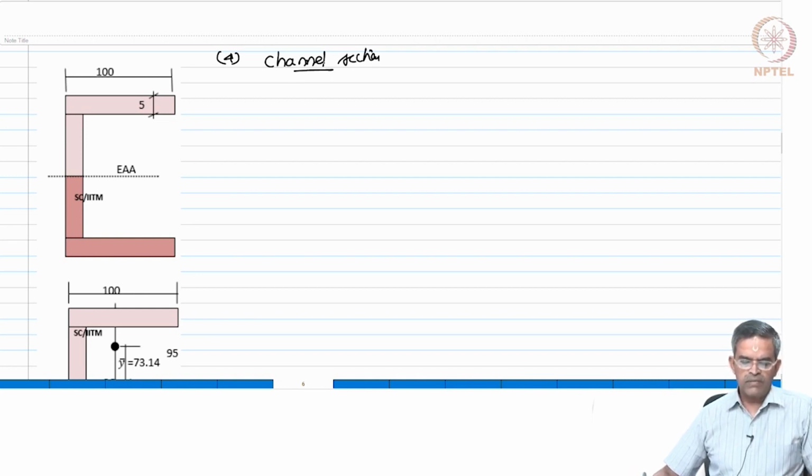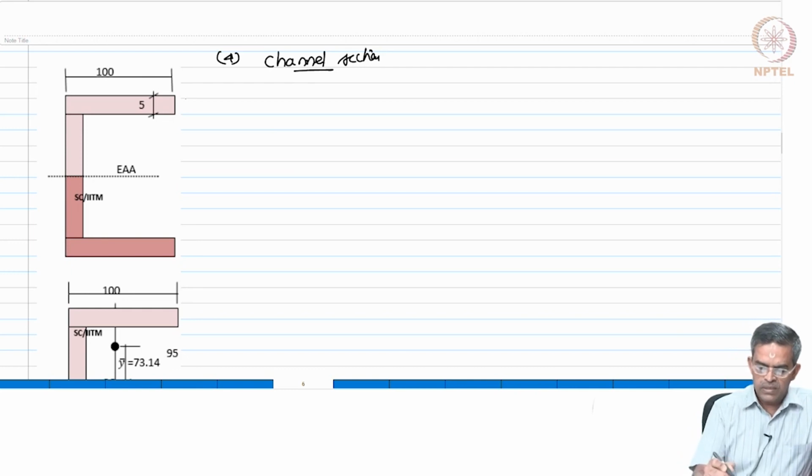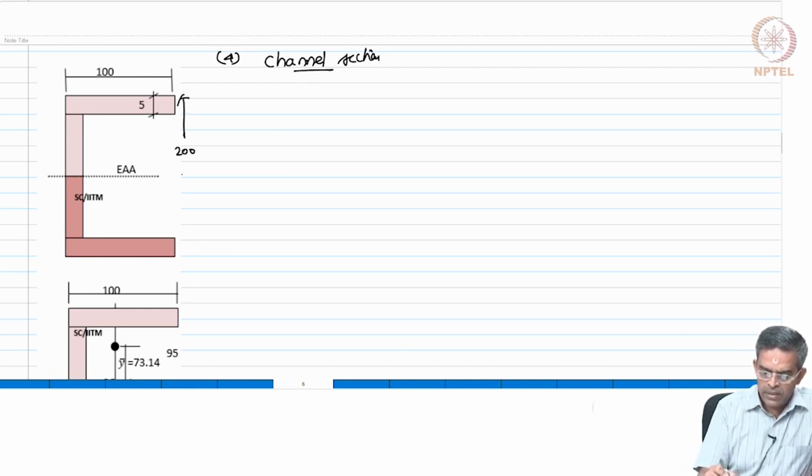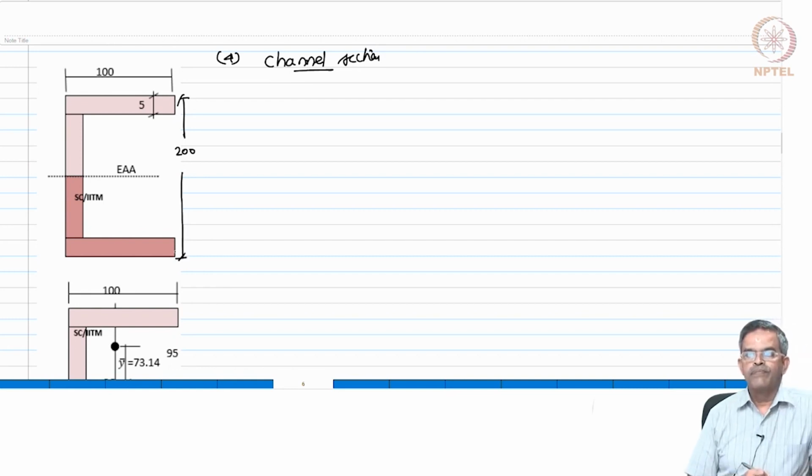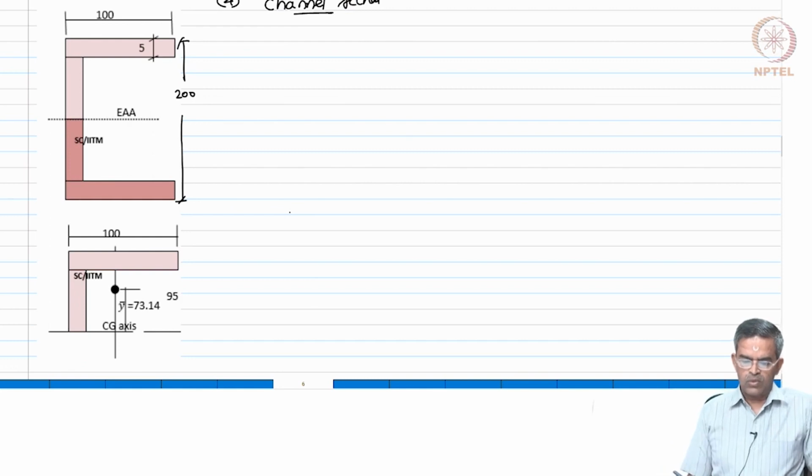So, look at the section available on the screen now. Let us say the overall size is 200 mm, and the thickness is 5 millimeters, thickness is 5 millimeters through and through, right.